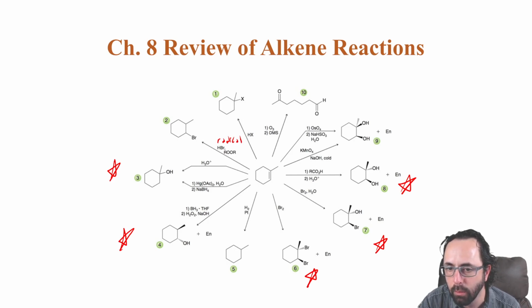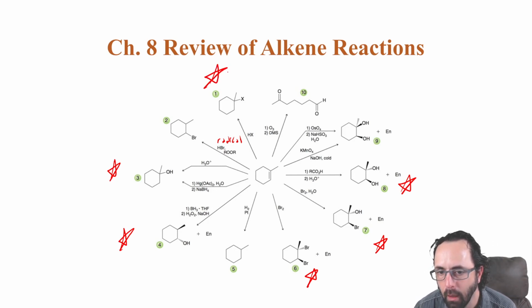But I just want to go through each of the other reactions. We also discussed the acid-catalyzed addition. So notice that if we react with a hydrohalide, we're going to get a Markovnikov addition where the halide adds to the more substituted carbon here, and the hydrogen adds to the less substituted carbon.